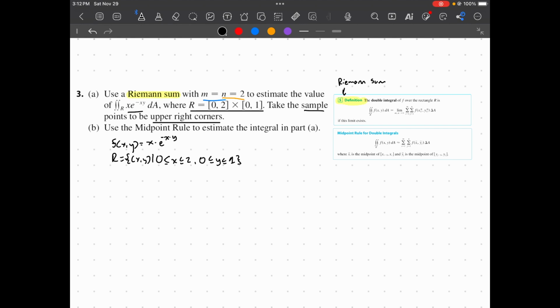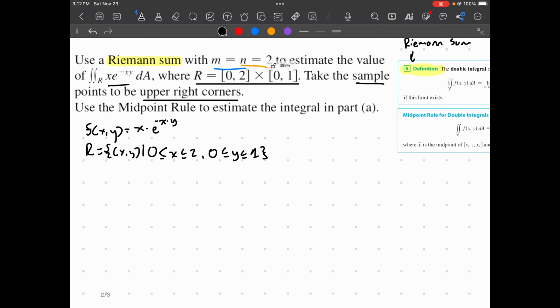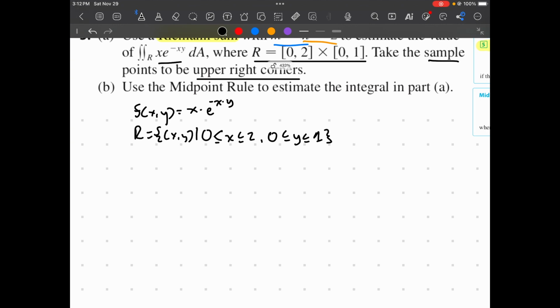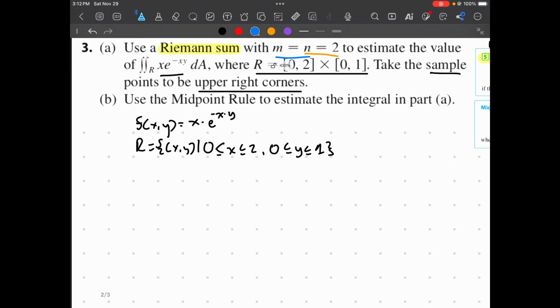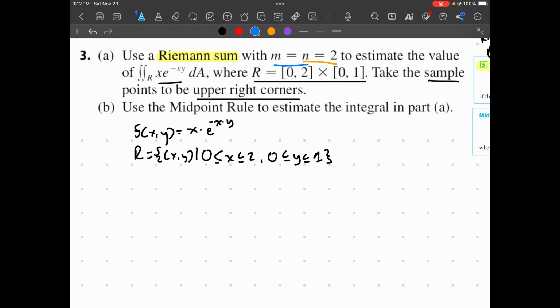So first, we need to find out the widths and the lengths of our rectangles in our Riemann sum. In order to do that, I'm going to take the endpoint subtracted by the start point for each of our variables and divide it by its m or n. So for x, 2 minus 0 over 2 is equal to 1. This is our length, or delta x.